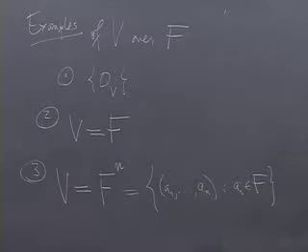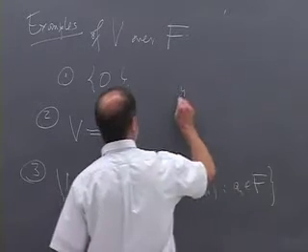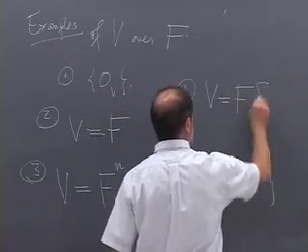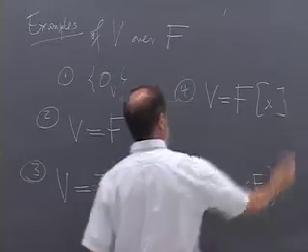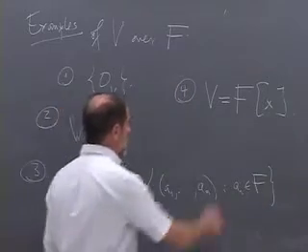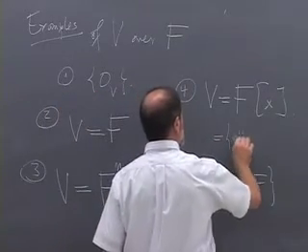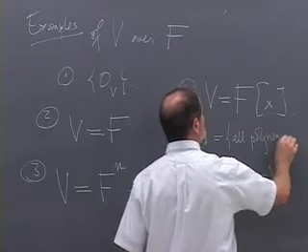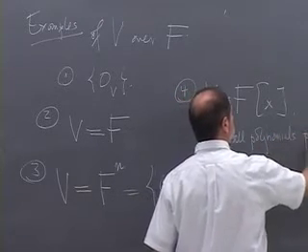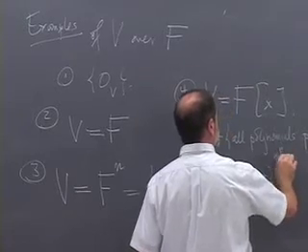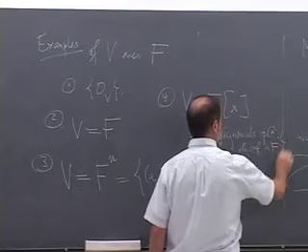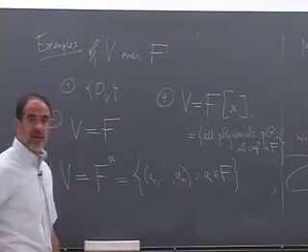A more interesting example of a vector space, here's one that we're going to study a lot later. I'll denote it like this, F brackets x. That's the vector space of all polynomials P of x with coefficients in our field F. That's a much more interesting vector space.